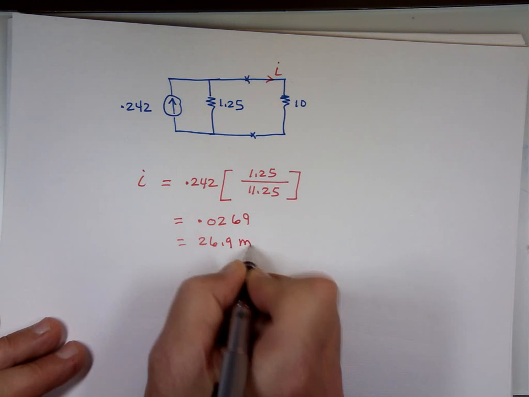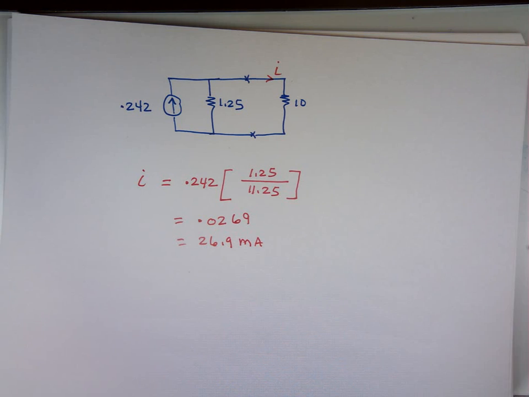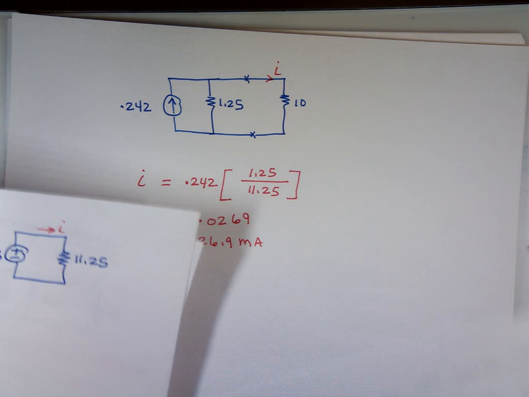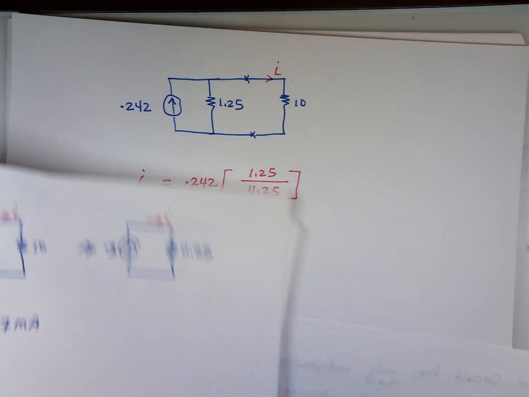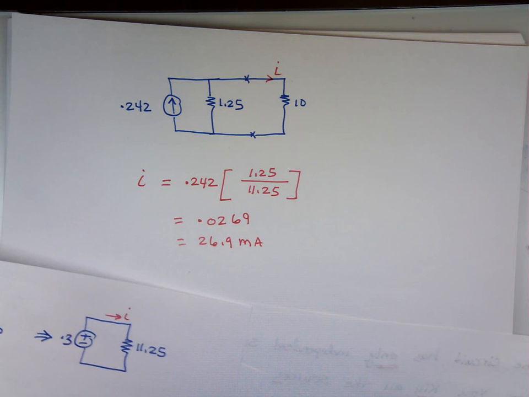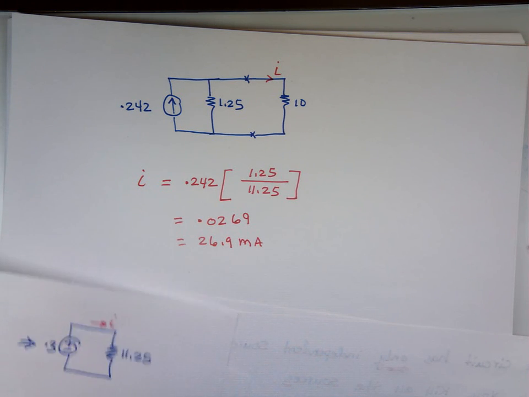What did we get? Was it 26.9 before? 26.7. I'm sure it's my rounding numbers, you know. But it's the same answer. Another comment? Oh yes, I'm sure.